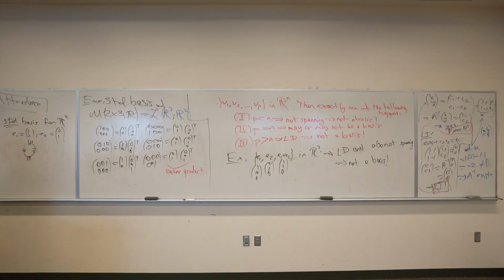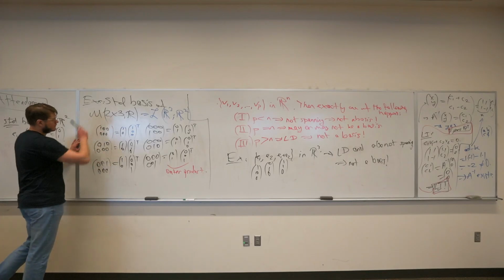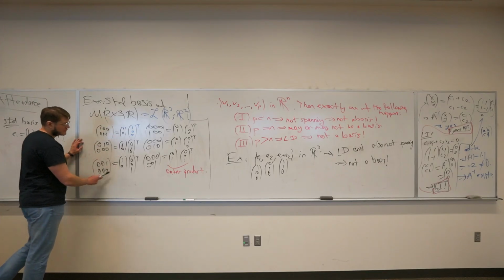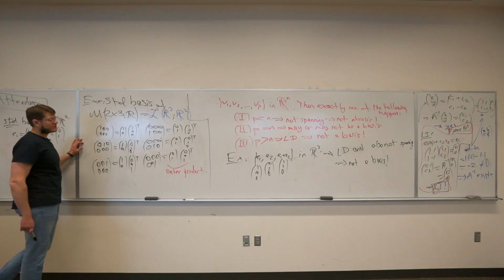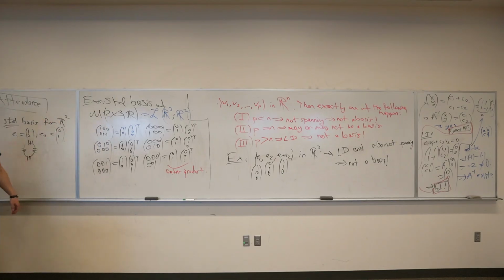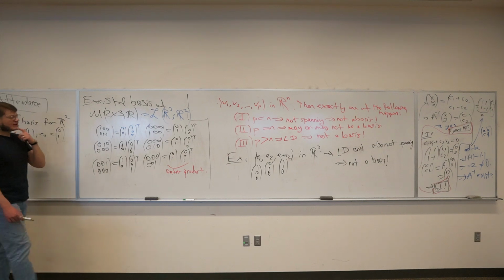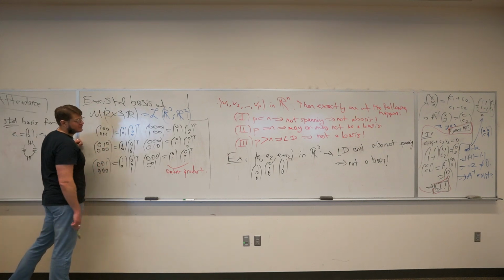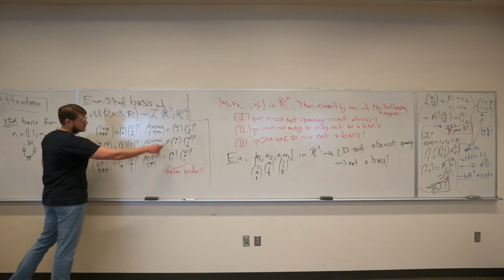The exercise here is to verify first that these 6 2×3s indeed constitute a basis for 2×3 matrices, and second, to verify these matrix-matrix or vector-vector products.